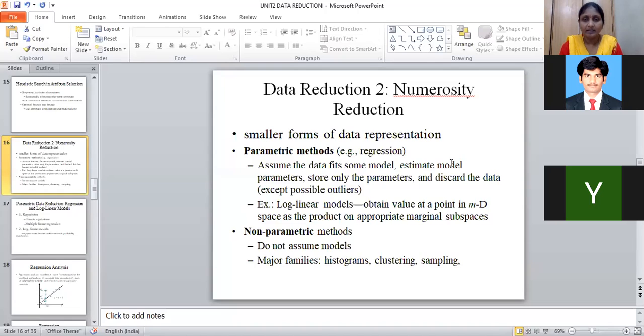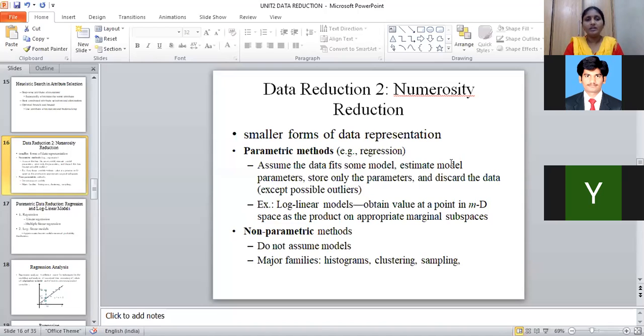Our ultimate requirement is an accurate result within less time, the same accurate result as with the original data. With that smaller representation, when you perform the analysis, we are going to get the same accurate results.